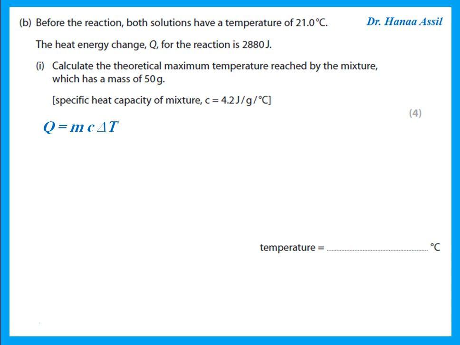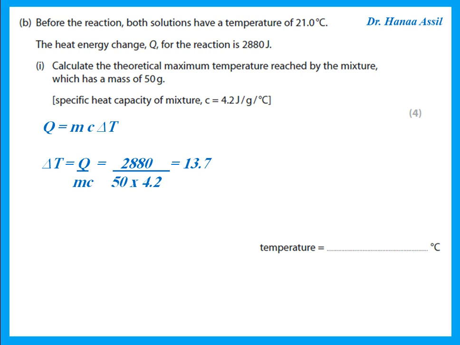He's given me the mass, the c and the Q, and he wants the temperature. So first we need the temperature change. The temperature change is Q over mc. That is the number he gives me over the mass, 50, times 4.2. So delta T is 13.7.